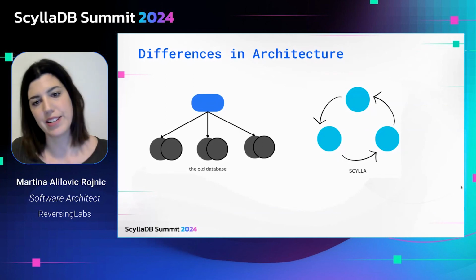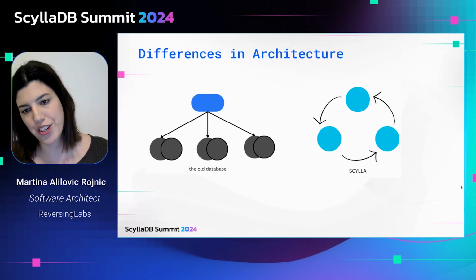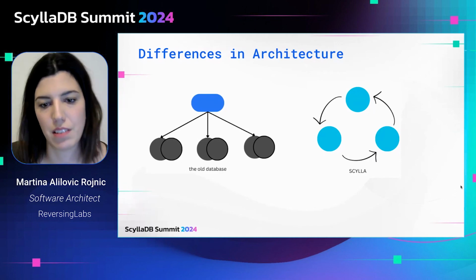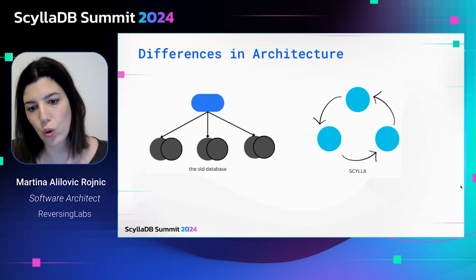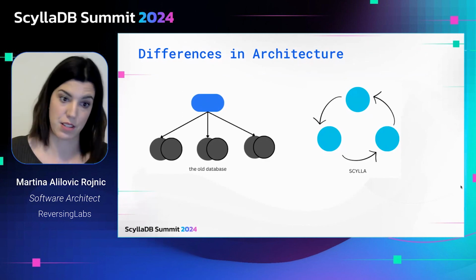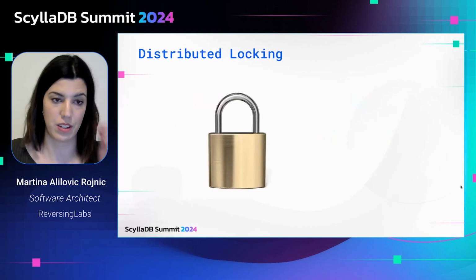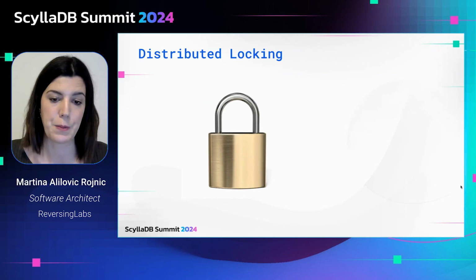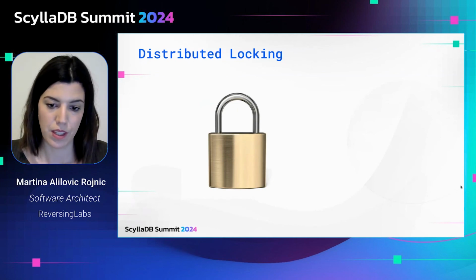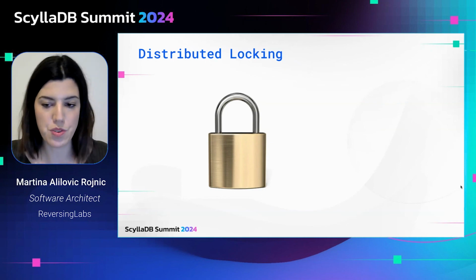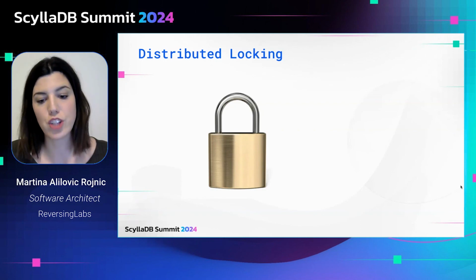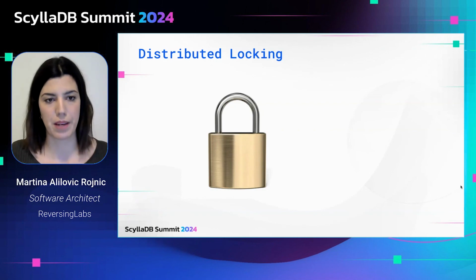Now we have this leaderless architecture where, at least data-wise, there's no difference between the nodes. So we had this simple problem of resource locking on a single node, and now we have one of the hardest problems in distributed computing, and that is distributed locking. What we did was use ScyllaDB's lightweight transactions, and on top of that, we built the whole locking mechanism.